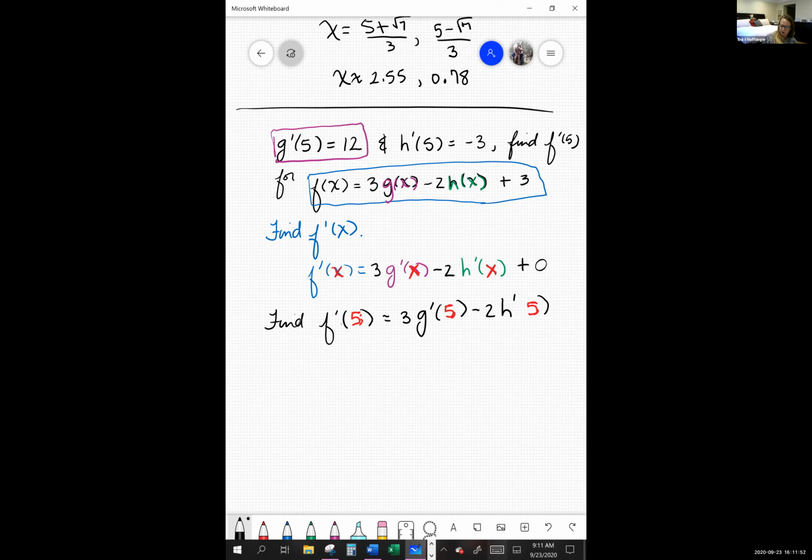We already know what g prime of 5 is. That is 12. And we're also given what h prime of 5 is, which is -3. Let's just simplify this. We have 3 times 12 is 36. -2 times -3, so this is +6. So this is equal to 42. So f prime of 5 is equal to 42.